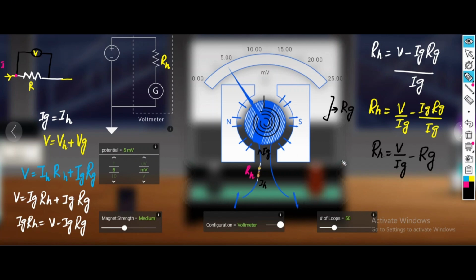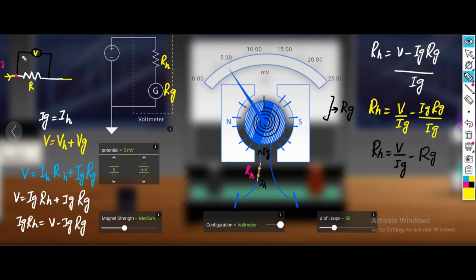From here we conclude that if we put a resistor having this value in series with the galvanometer, then that galvanometer will be converted to a voltmeter.